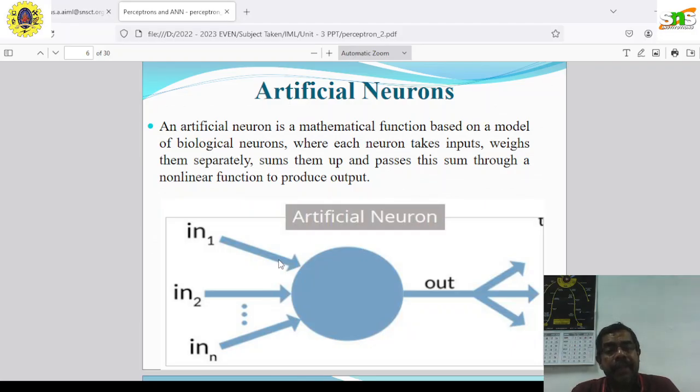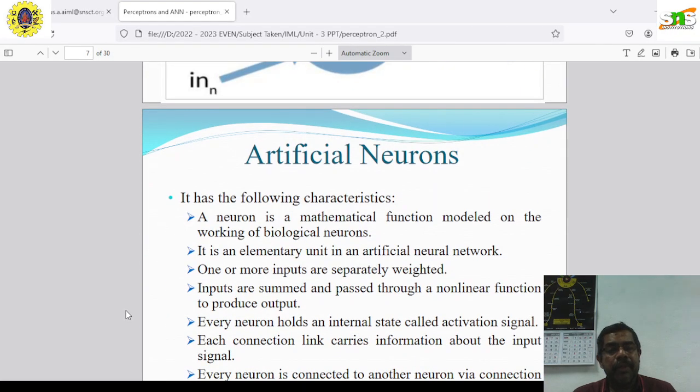This is the skeleton structure of the artificial neuron. We have several inputs to our neural network, and the weights are computed. According to the weights, the output is produced.